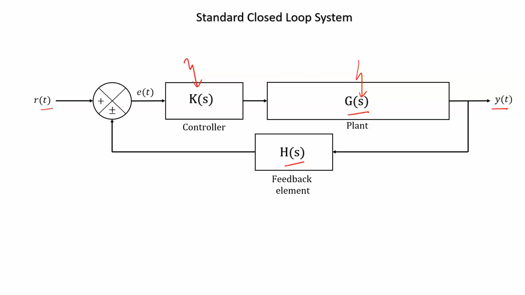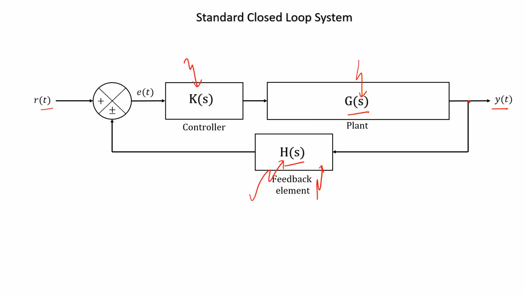For the next few lectures, in the next class we will take G(s) to be some standard transfer functions and see how they behave. In most of this course we will consider H(s) to be 1, considering that the output is directly fed back into the system. We are not taking a standard feedback element here.